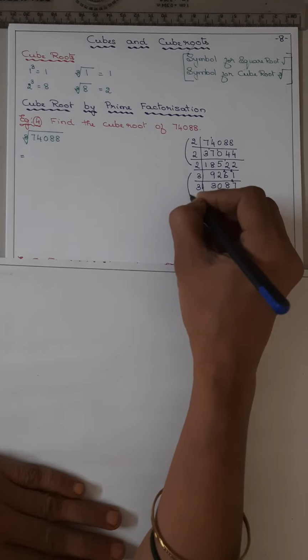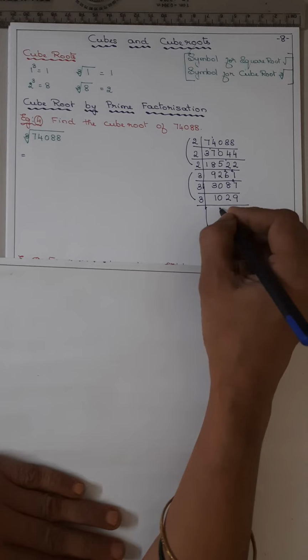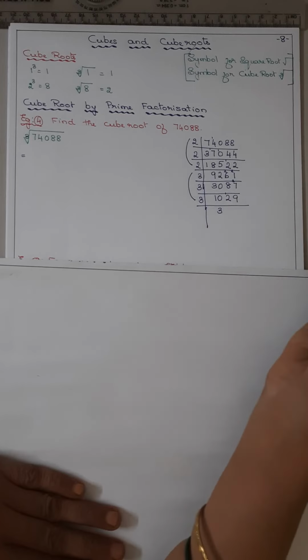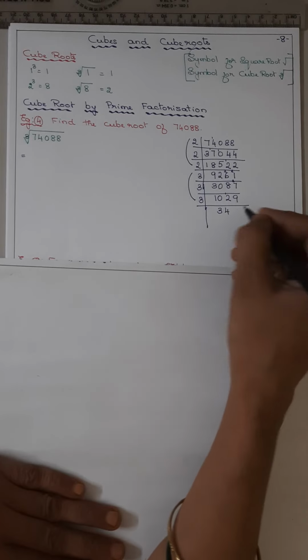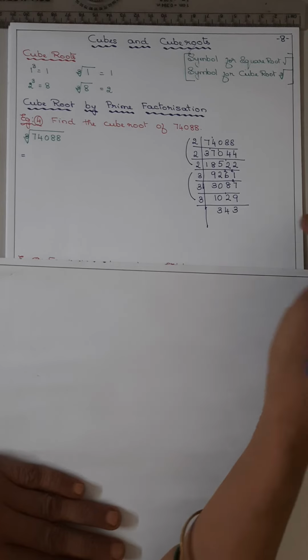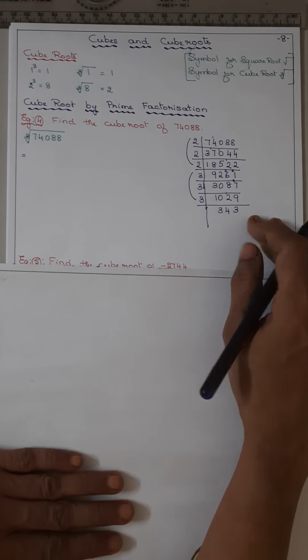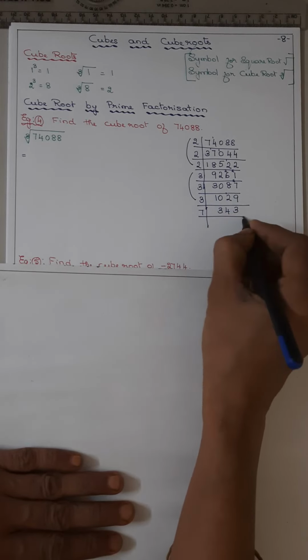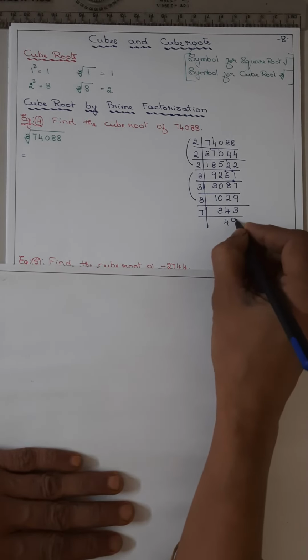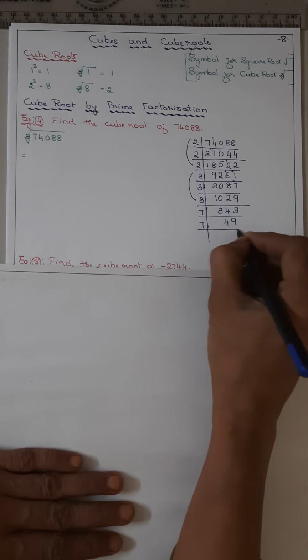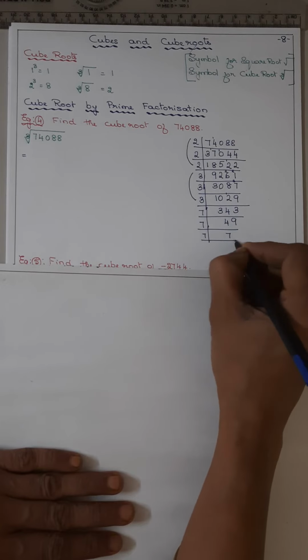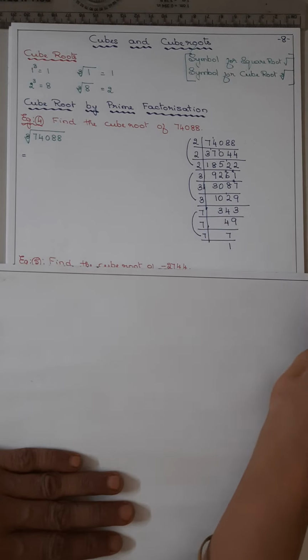So 3. 3 3s are 9, 1 remains. 3 4s are 12. 3 3s are 9. You know 343 is the cube of 7. So directly put 7. 7 49s are 7, 7 7s are 7, 1.